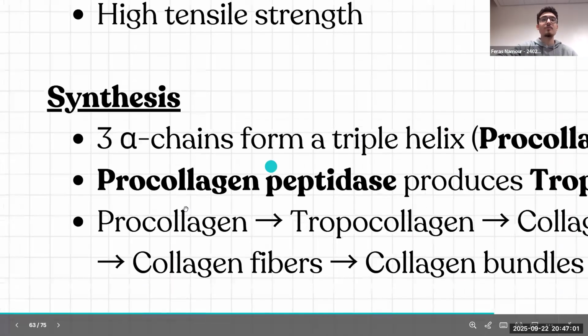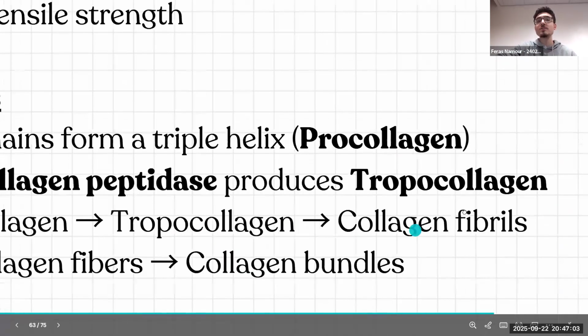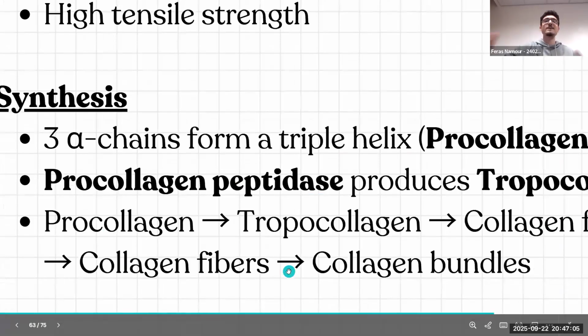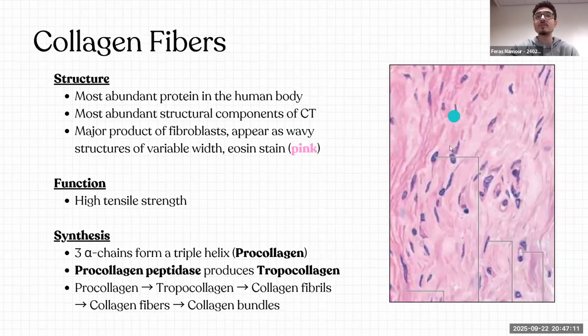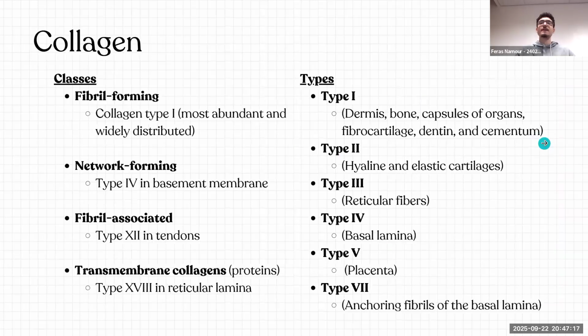Later, tropocollagen becomes collagen fibrils, collagen fibers, and they all bundle up and compile into, lastly, collagen bundles. We can see here our collagen bundles and fibers. This process opens up so many possibilities for collagen. We have classes and types: classes associated with the function, types associated with the structure.